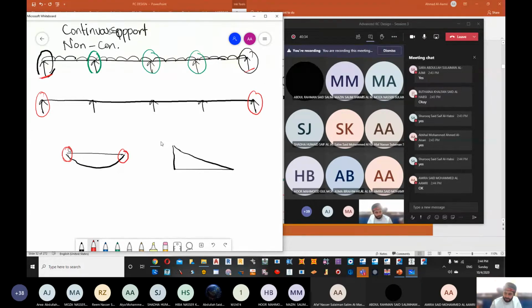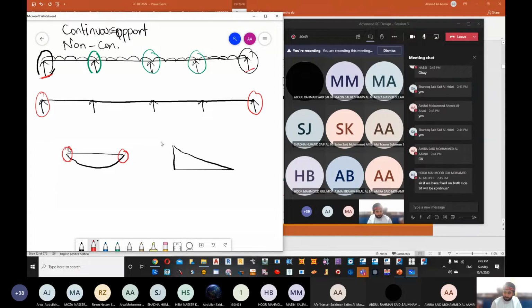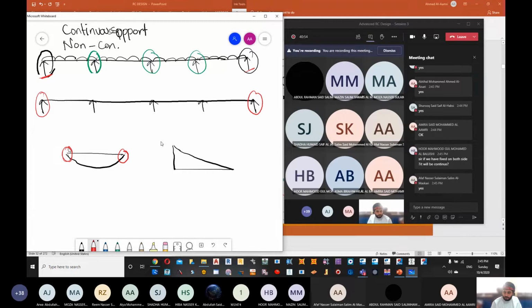When I say that there is no connectivity, it means that the bending moment is equal to 0. Are we fine? We'll come to it.